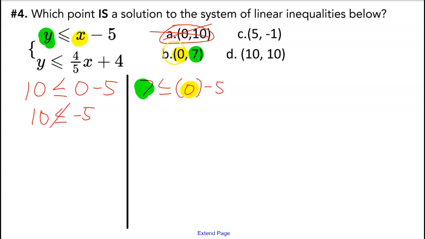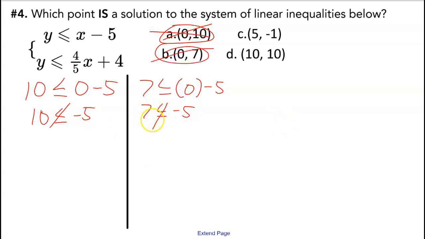Let's try another one. Then I would try B. I'm plugging in 0 for x and 7 for y. I got 0 minus 5, which is negative 5. And 7 is not less than or equal to negative 5.